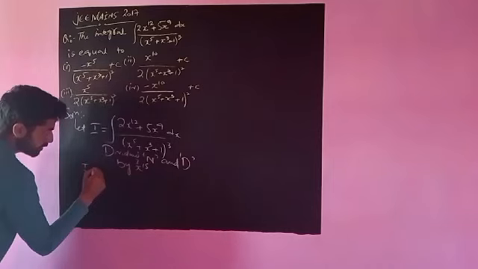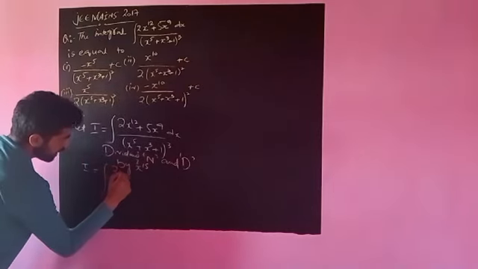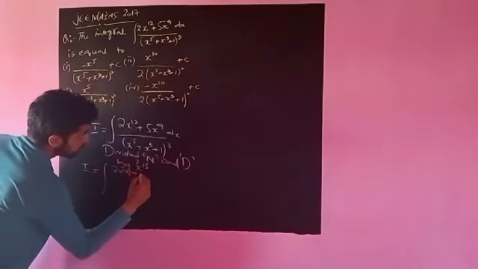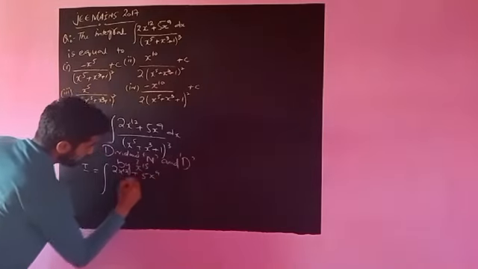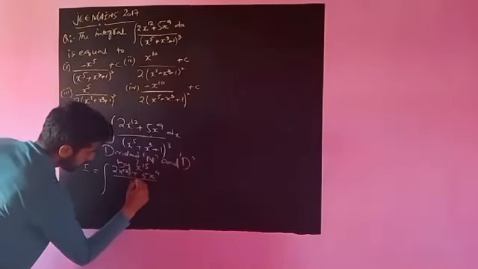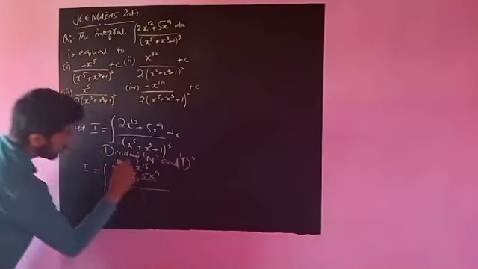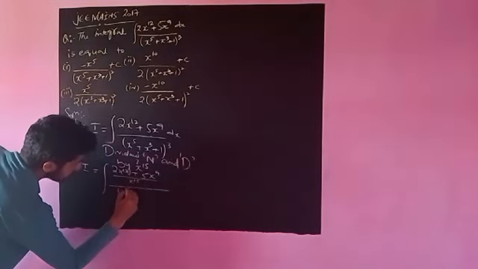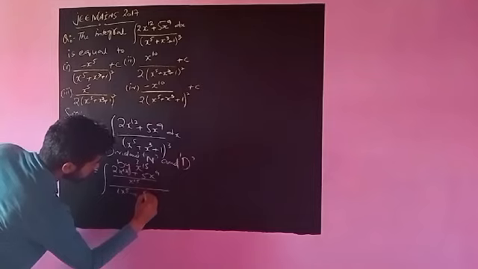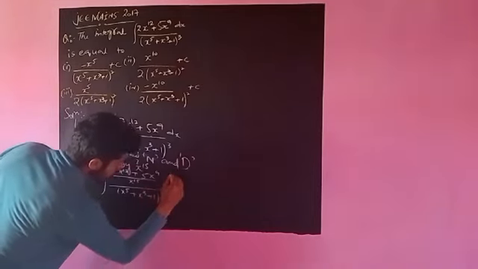This implies that I is equal to (2x^12 + 5x^9) upon x^15, whole divided by (x^5 + x^3 + 1)^3, into dx.